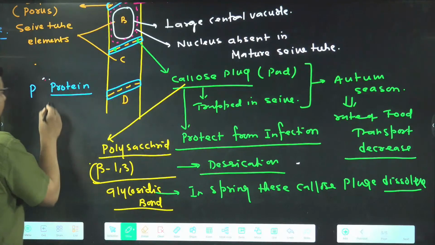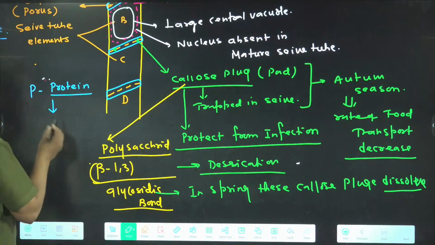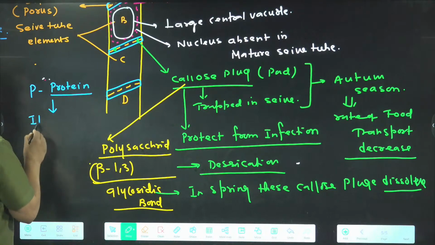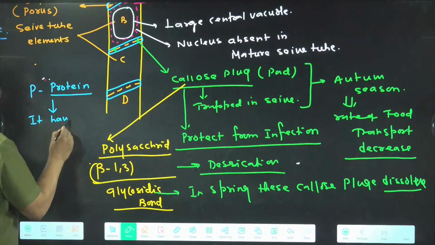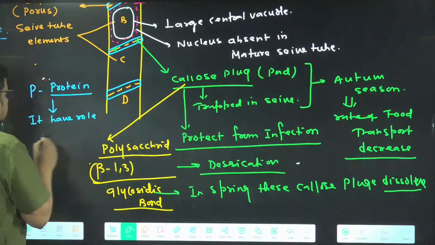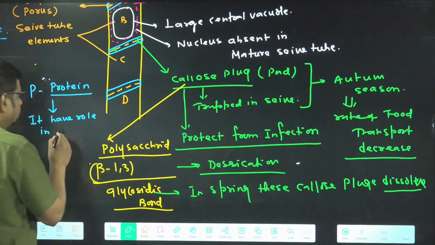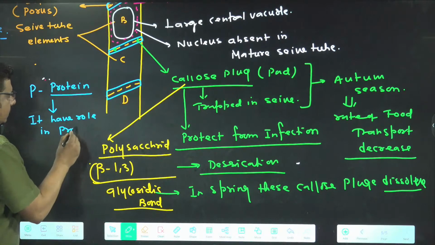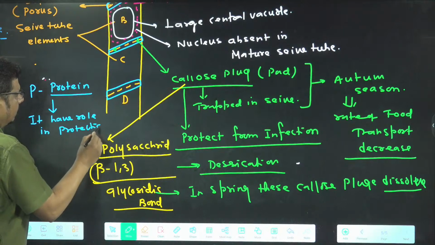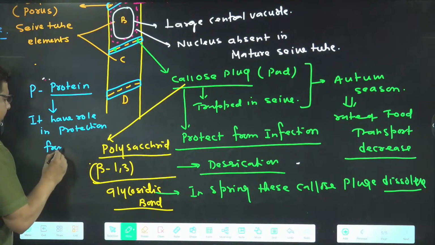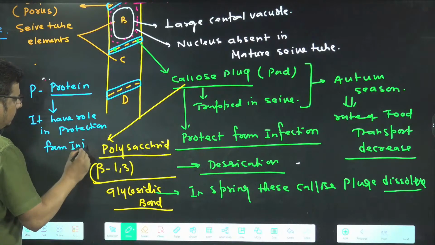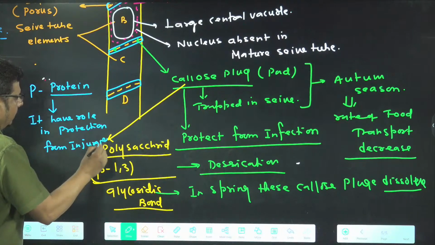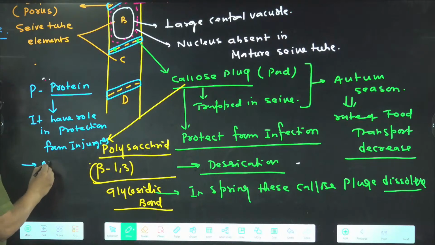So the probable function of the P protein is that it has a role in protection from injuries and also has a role in transport of food.